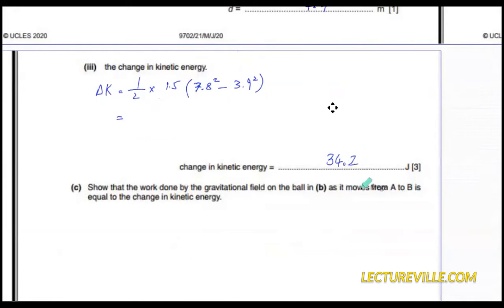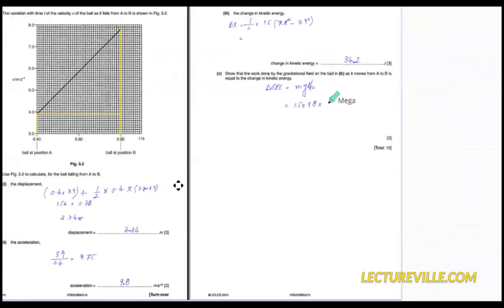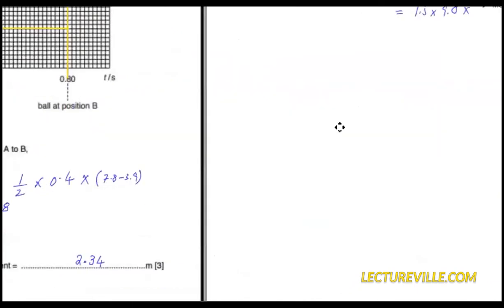Show that the work done by the gravitational field on the ball as it moves from A to B is equal to the change of kinetic energy. Work done by gravity will be the change of gravitational potential energy, which is equal to mgΔh. m is 1.5, g is 9.8, and Δh is the change of height, which we calculated as 2.34.